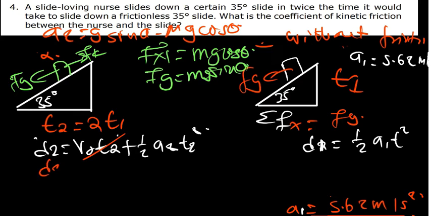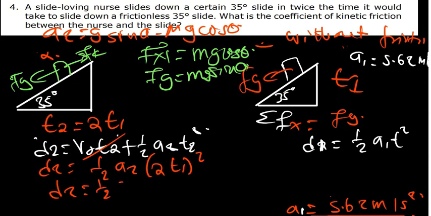To make the time the same, I'm going to say T2 is 2 times T1, so T2 squared is 4 T1 squared. So D2 is half A2 times 4 T1 squared. Now the time is the same.